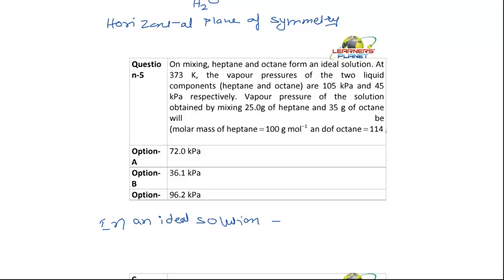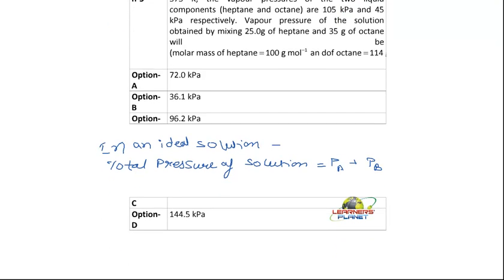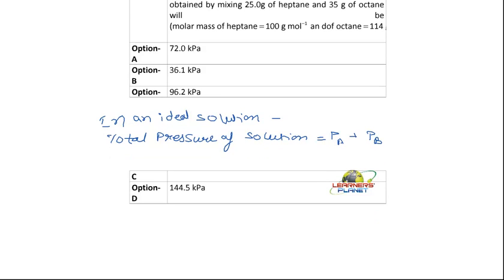a solution is said to be ideal when the total pressure of solution, here it's of course vapor pressure, is equal to the sum of partial pressures of the two components. So what is the total pressure given over here?